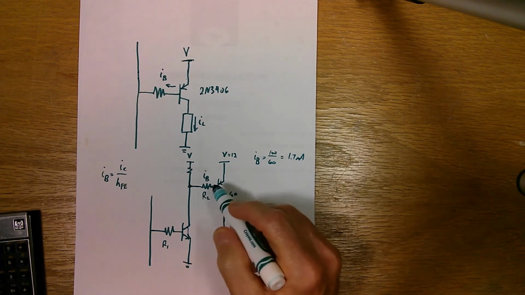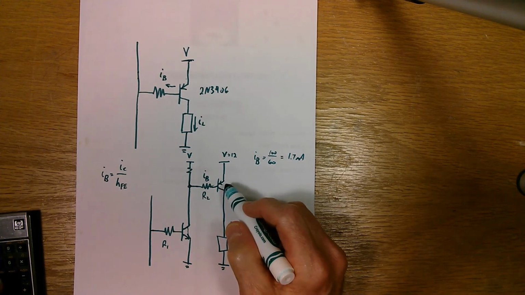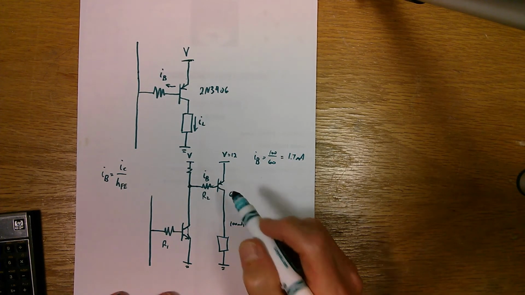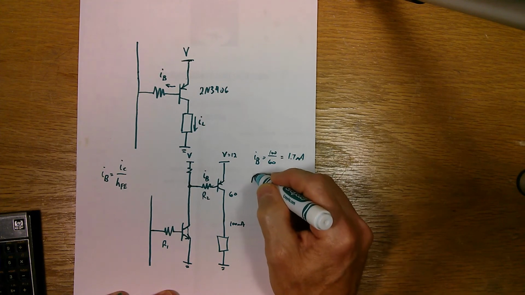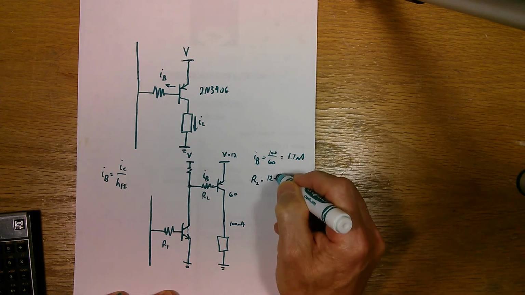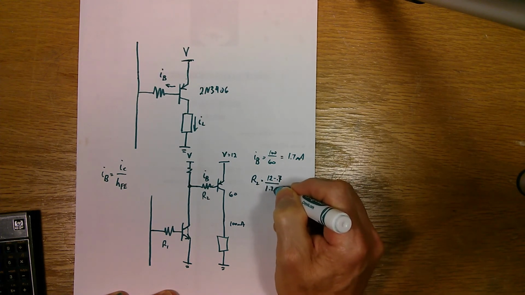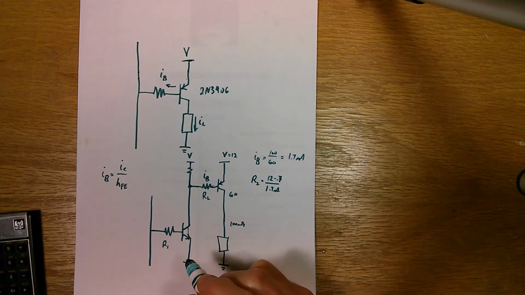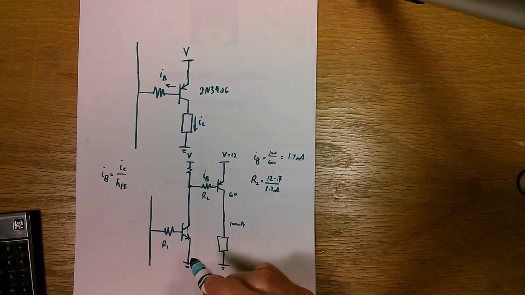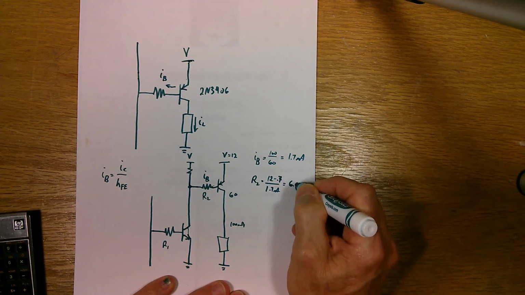The voltage on that resistor will be 12 minus 0.7 volts, which is 11.3. So R2 is equal to 12 minus 0.7 divided by 1.7 milliamps. So 1.7 milliamps divided gives me 6.6K.